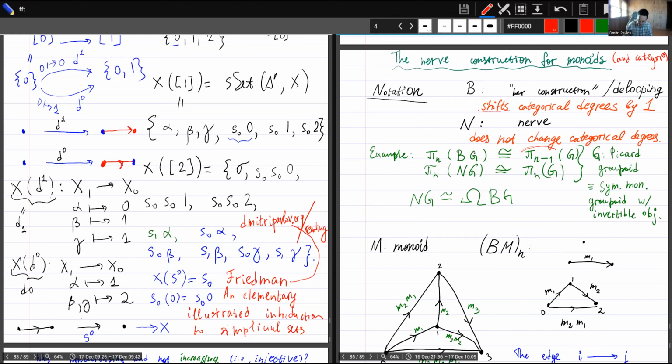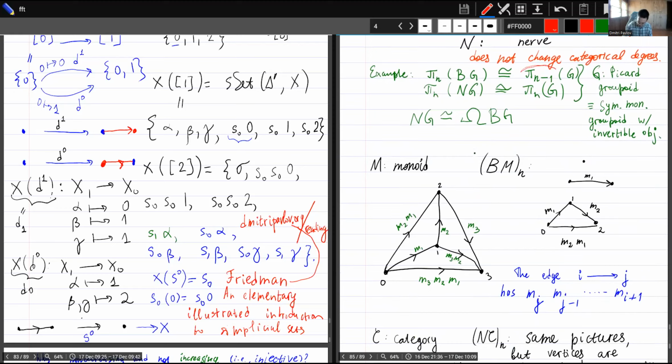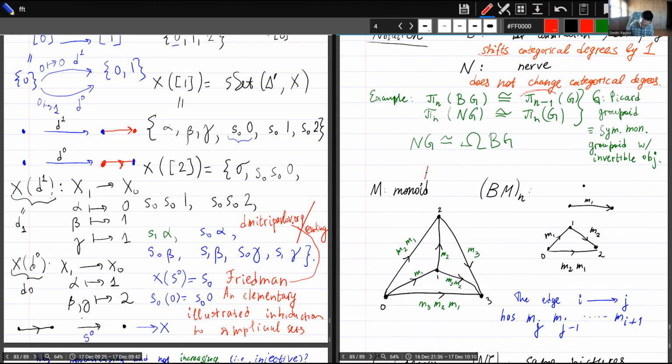So let's talk about B first. B will be a functor from monoids to simplicial sets. sSet is how I denote simplicial sets, so these are functors from delta up to sets.